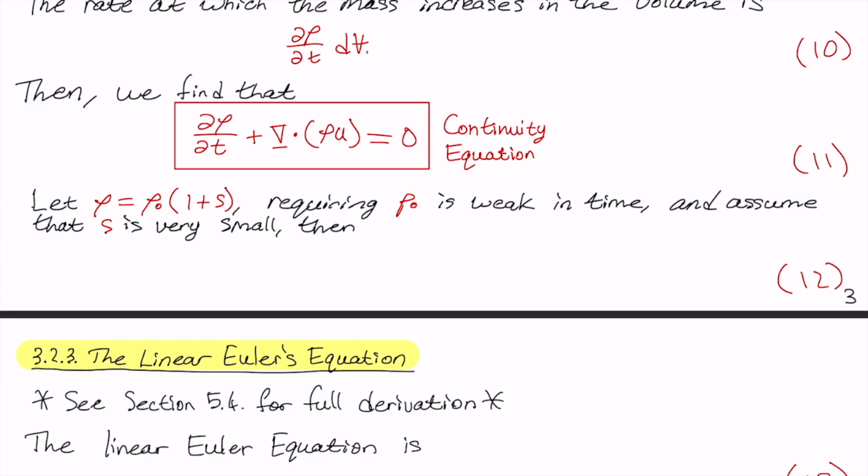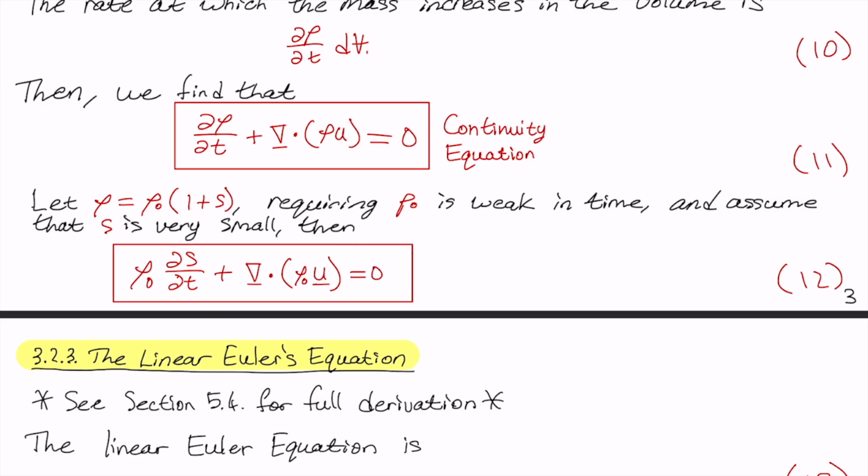And then we assume that S is very small, and then we can write that rho 0 times partial S over partial T plus del dot rho 0 U is equal to 0, and that is another expression of the continuity equation.